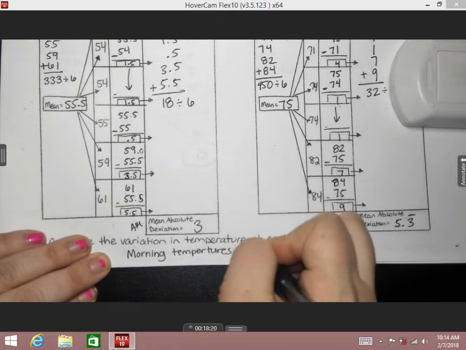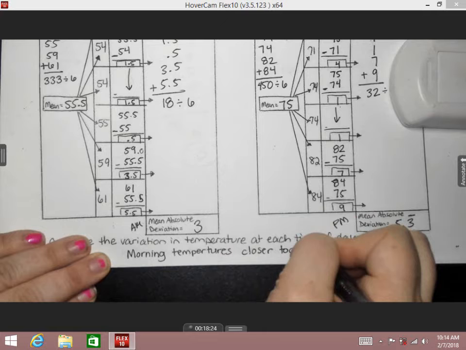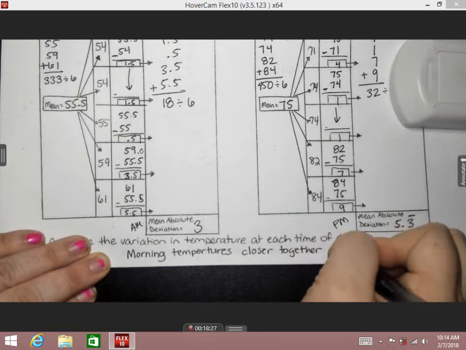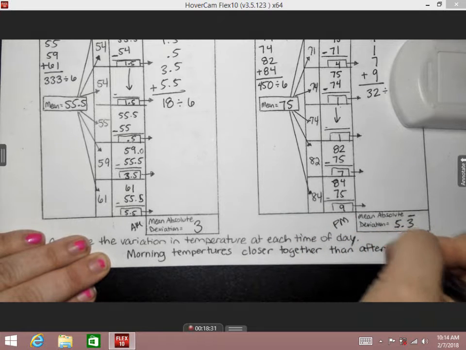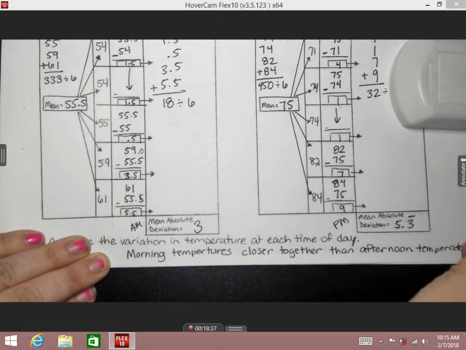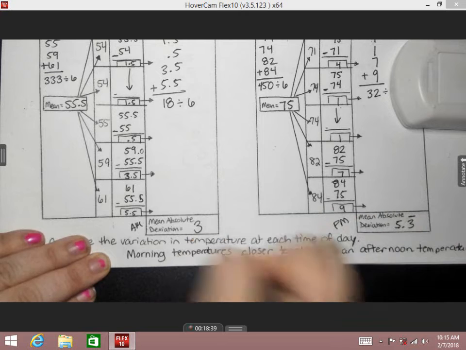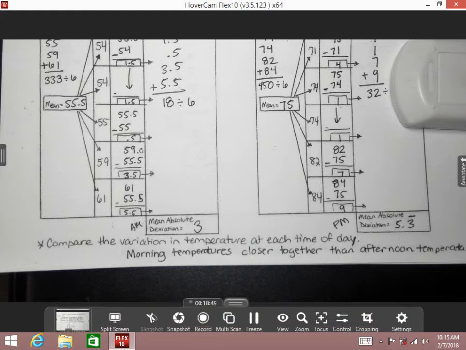Morning temperatures are closer together than afternoon temperatures. Look, I forgot the 'are' there. All right. So morning temperatures are closer together than afternoon temperatures. I've answered my question. Does that compare morning to afternoon? Yes. So that is the end. You're going to be doing this on your homework.